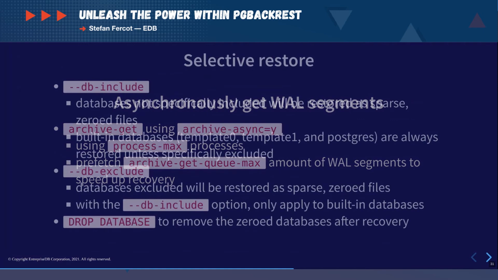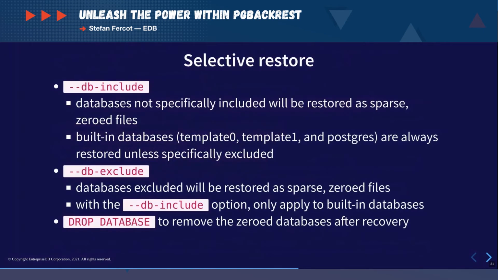And finally, in this section, another pretty handy trick is the selective restore. In case you have a big cluster with multiple databases, and sometimes you only need to restore one database to extract some data there and reinject it afterwards into your Postgres data, well, you can use the db-include option. The db-include option only restores the included databases.